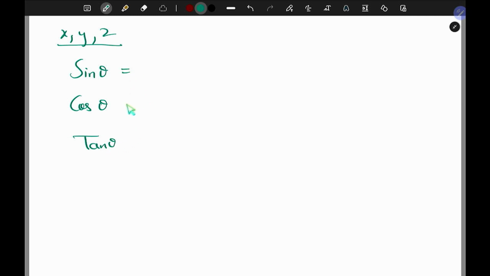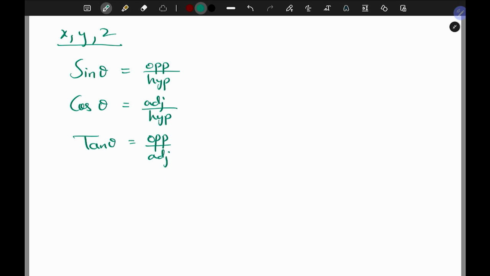Now the formula for each one is quite simple: opposite by hypotenuse, adjacent by hypotenuse, opposite by adjacent. Now why am I writing this? I could have told you to go find a textbook and just memorize these formulas. No, I want to help you memorize these formulas.